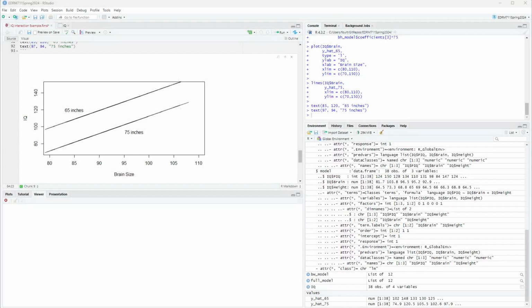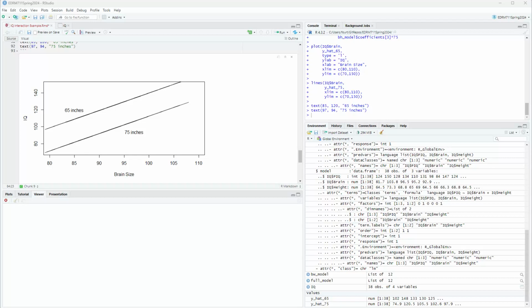We are discussing moderation and interaction in this video series, and in the last video, I was looking at a model in which we could predict IQ based upon certain select physical characteristics, and we ended up choosing a model in which we used brain size and height of the individual in order to predict IQ.